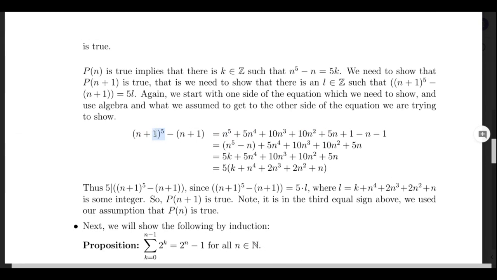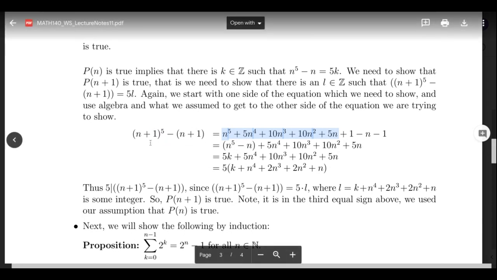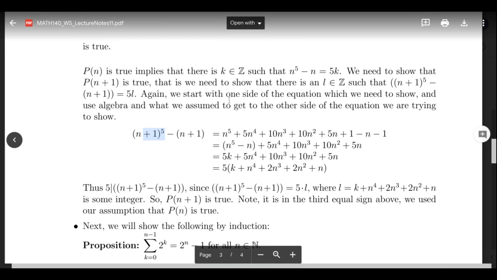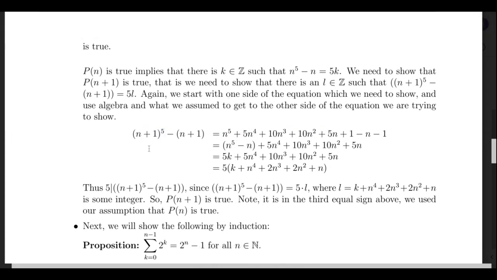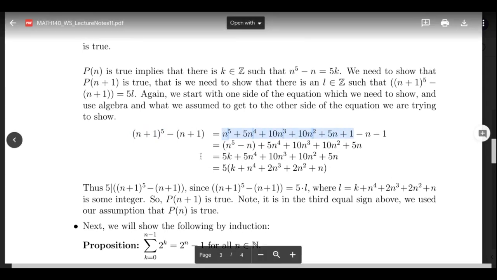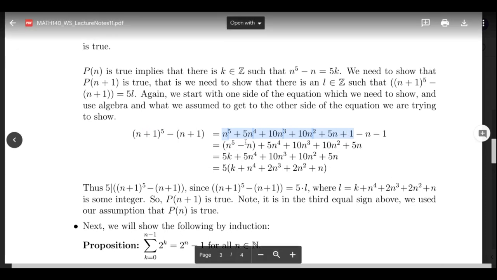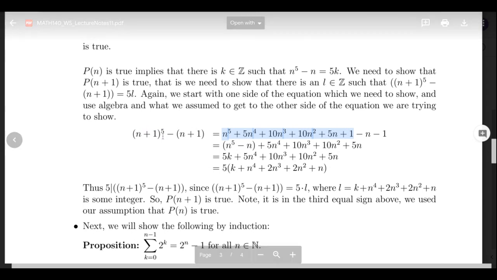Here it's just 1, and multiplied by 1 doesn't change anything. But if the second term is something else, it just goes in ascending order, right? So expanding n plus 1 raised by 5, we get n raised by 5 plus 5n raised by 4 plus 10n cubed plus 10n squared plus 5n plus 1. So this is the expansion of n plus 1 raised by 5.